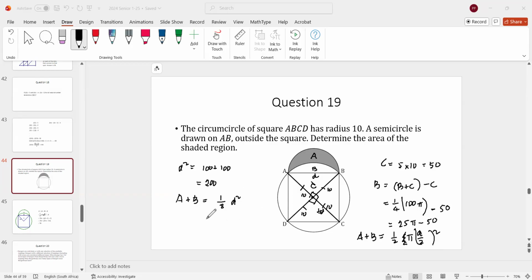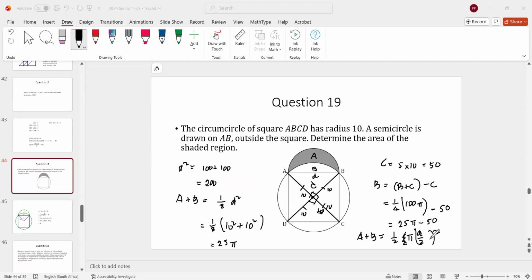But d squared you can calculate. That is 1 over 8 into 10 squared plus 10 squared. This theorem of Pythagoras is so powerful. So you got 100 plus 100, which is 200. 1/8 of that is 25. 25 pi, actually.